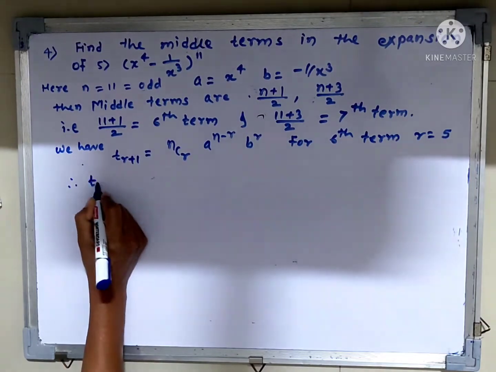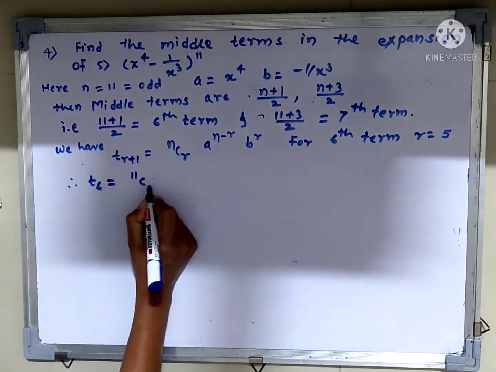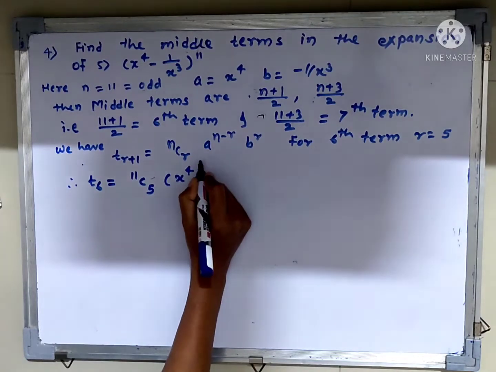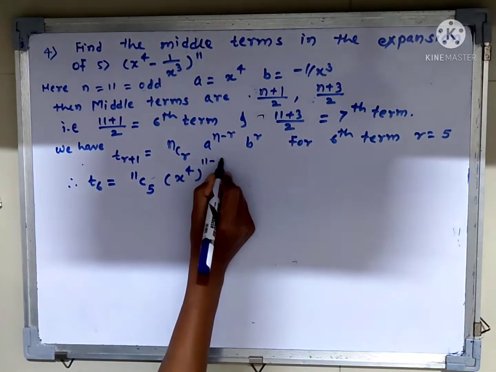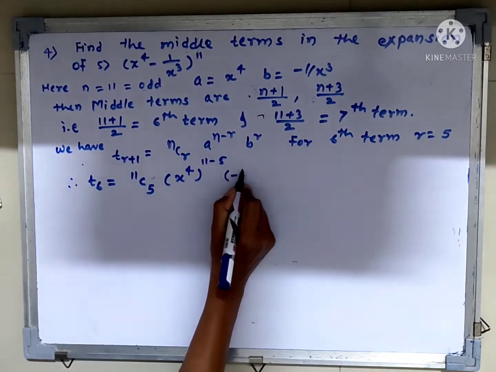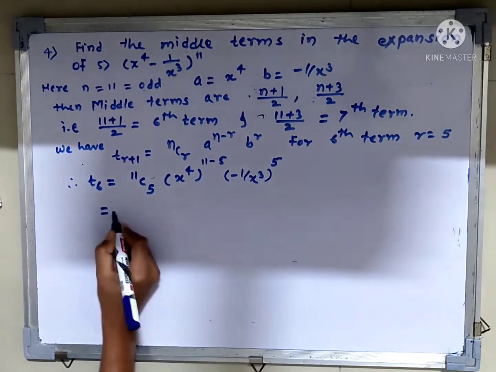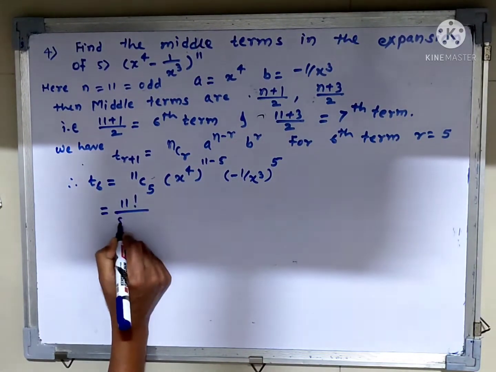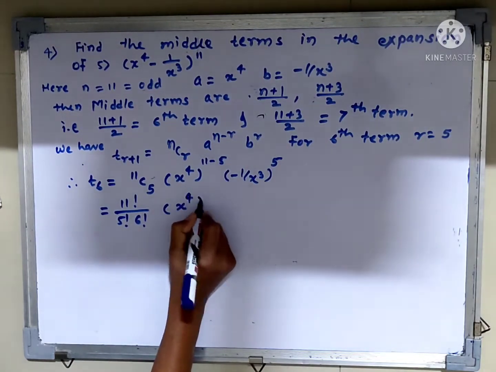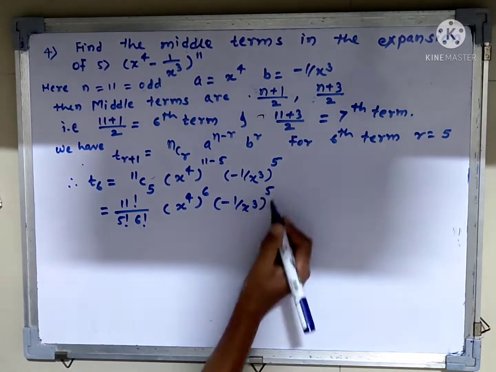Therefore, T6 is equal to n is 11, C, r is 5, a is x raised to 4, n minus r is 11 minus 5, b is minus 1 upon x cube raised to 5, which is equal to 11 factorial upon 5 factorial into 6 factorial, x raised to 4 raised to 6, minus 1 upon x cube raised to 5.